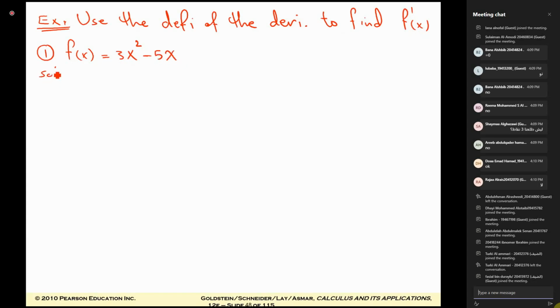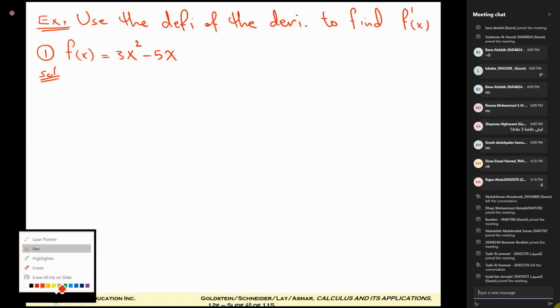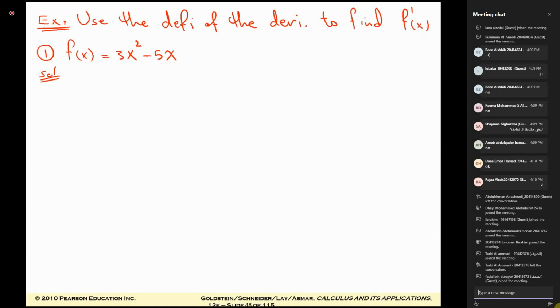The solution of this, we need to find the derivative. Put in the laws of the definition. F prime equal what?